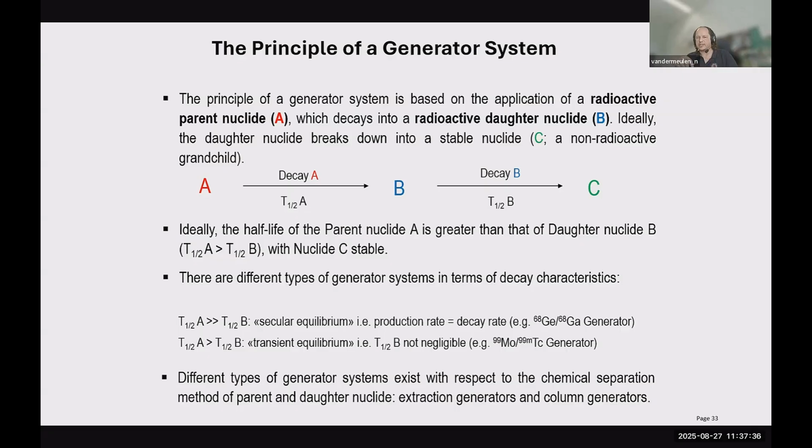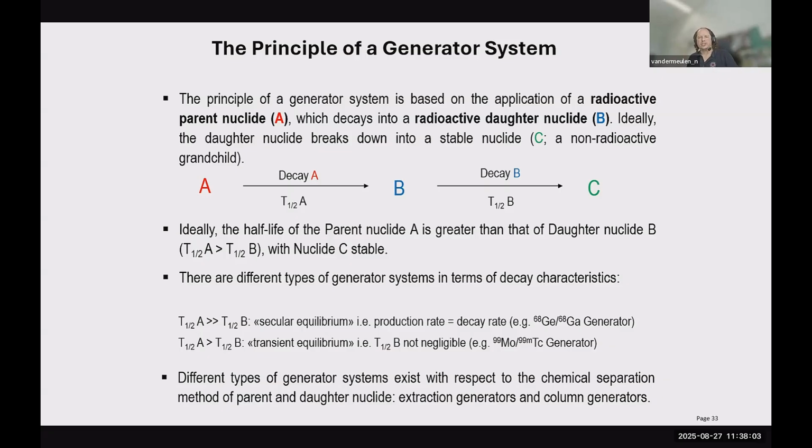In this case, gallium-68 will be B. Gallium-68 has a 68-minute half-life, where germanium-68 has a 9-month, roughly 280-day half-life, so considerably shorter. Gallium-68 will in turn decay through to C, which is zinc, which is stable.